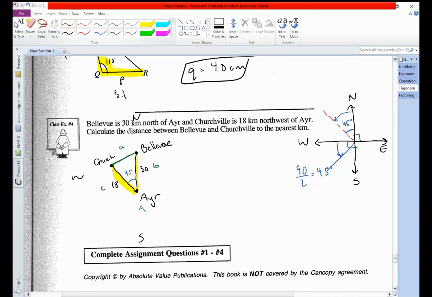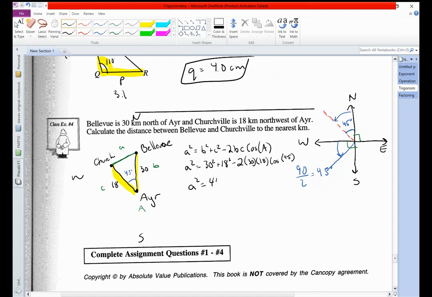So I'm looking for A, so it's A squared is equal to B squared plus C squared minus 2BC cos of A. So now we can fill out what we know. 30 squared plus 18 squared minus 2 multiplied by 30 multiplied by 18 times cos of 45.